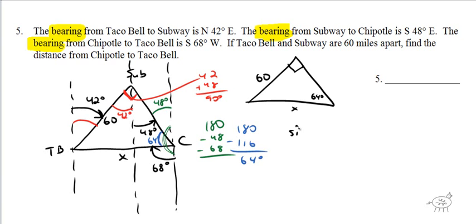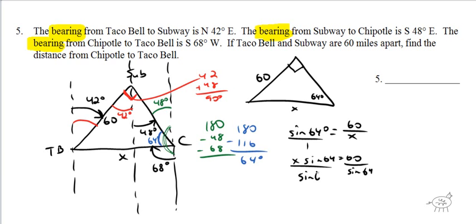So sine of 64 degrees equals opposite 60 over x. Okay, I cross multiply, so I get x sine of 64 equals 60, divided by sine of 64. And I get x is equal to 66.8 miles. So 66.8 miles. Okay? Just takes time.